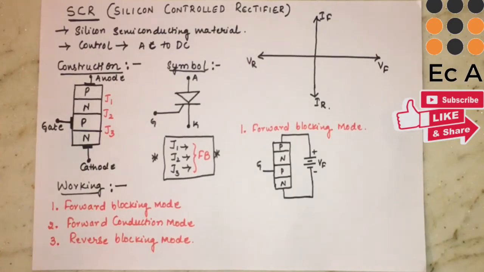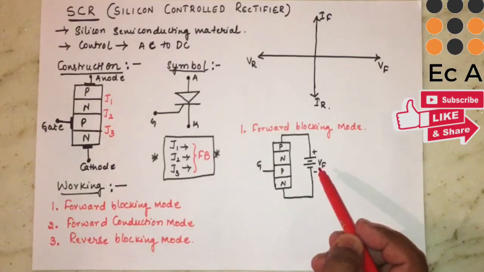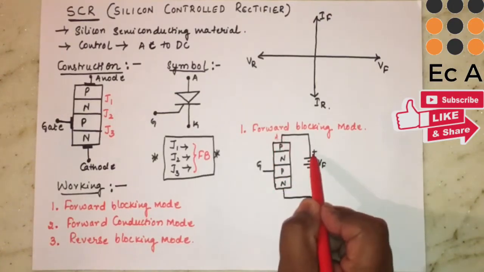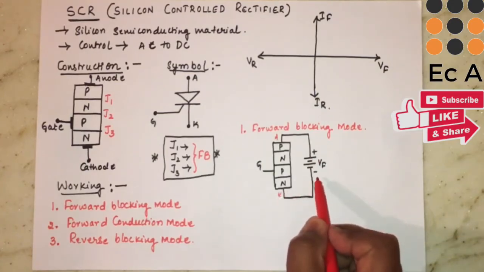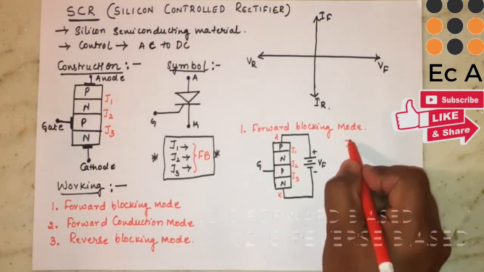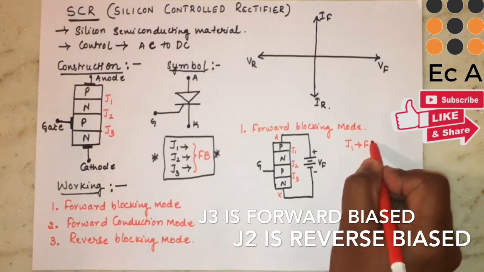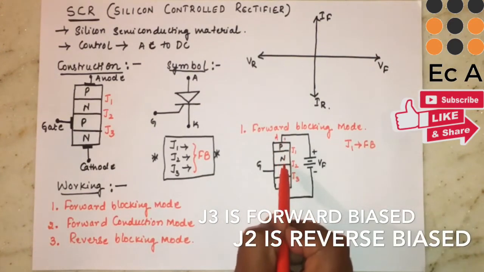Now in forward blocking mode, we apply forward voltage to the SCR, which means the anode terminal is connected to positive and the cathode terminal is connected to negative. Due to this connection, junction J1 is forward bias, because it is positive here and negative for this N region.